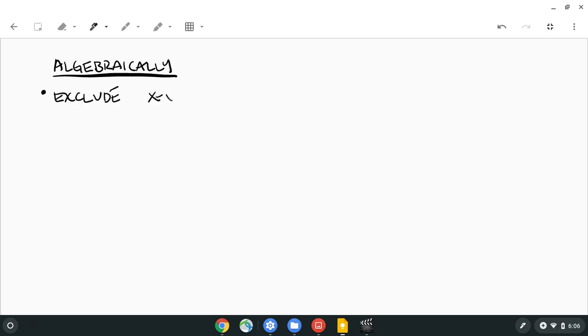All right. Let's take a look at how to find them algebraically. So that's how you find domain and range graphically. Algebraically, what we want to do is exclude x values that make the function undefined.